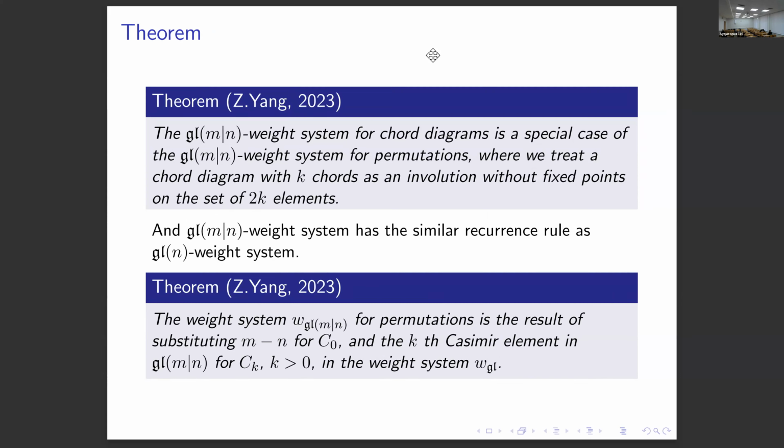Also I proved that the gl(m|n) weight system has a similar recurrence rule as the gl(n) case, by the result that you put n minus n as C0, which is n, and the case element is kept the same, Ck.